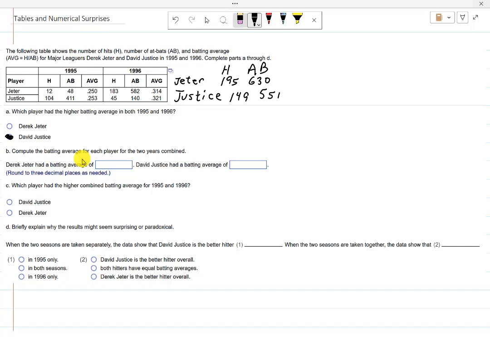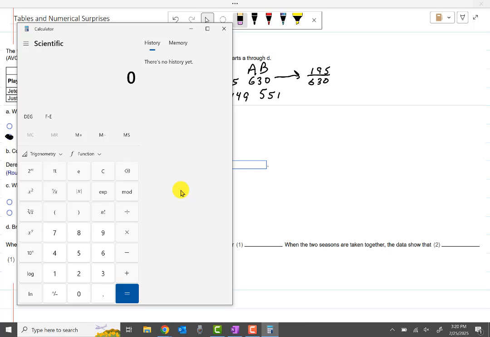Now to get the overall batting averages for Jeter, you're going to take 195 divided by 630. Baseball does not use percentages. They just use straight up 3 decimals to describe batting averages. So this is the 2-year batting average for Derek Jeter.